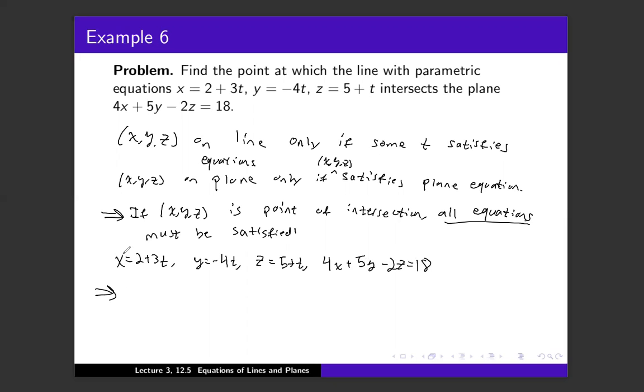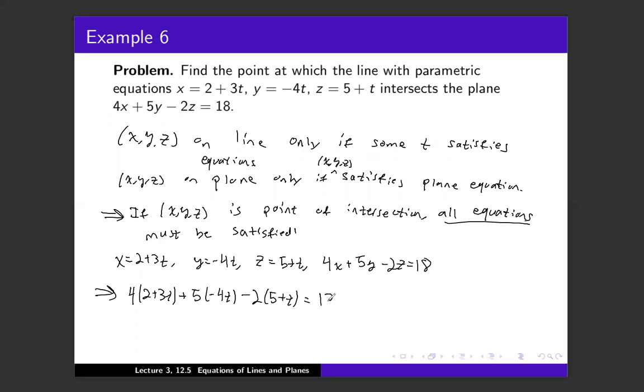All we're going to do is substitute x, y, and z into the plane equation. So that's going to give us 4 times 2 plus 3t plus 5 times negative 4t minus 2 times 5 plus t.